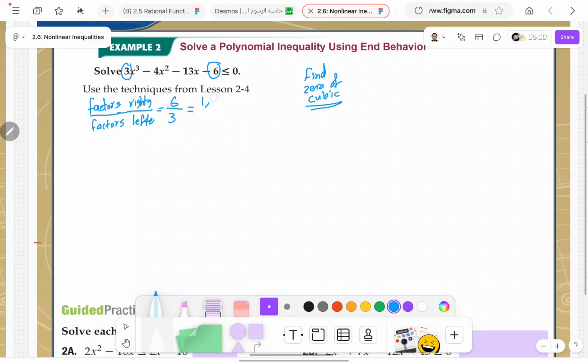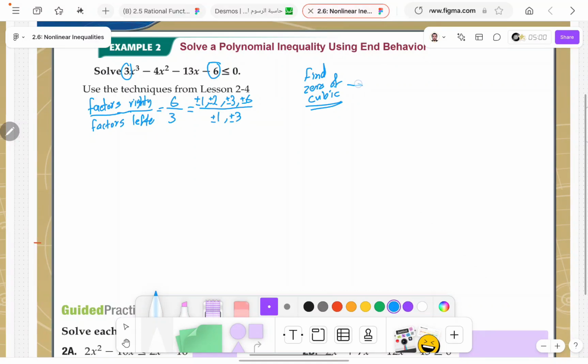Factors of 6 are 1, 2, 3, and 6. The factors of 3 are 1 and 3. Now all of these values should be tested as positive and negative. Use your calculator for fast testing, and just replace all of these values.